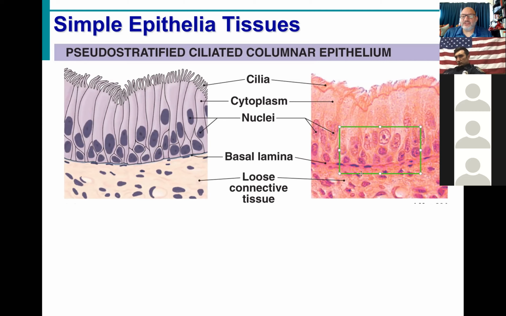One of the challenges with epithelial tissues is some of them look like some of the others, especially at the basal surface. So if you really want to know what an epithelial tissue is, you need to look at the apical surface. At the apical surface, we see there aren't any nuclei, and we see these long, extensive cilia. And so by looking at the top, that is truly what is going to tell us what this tissue is.